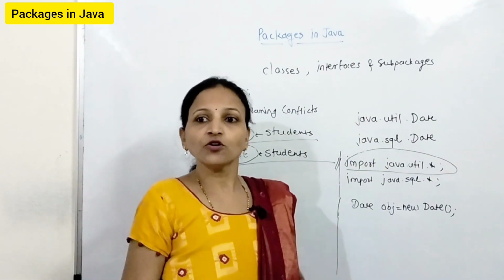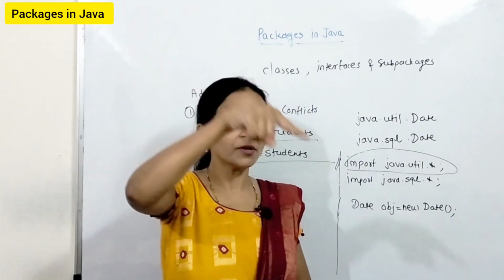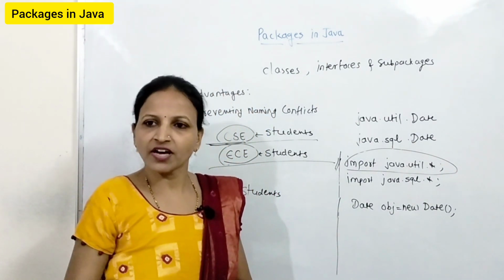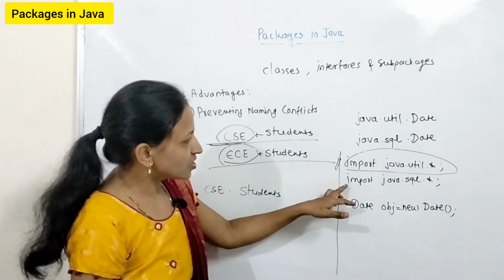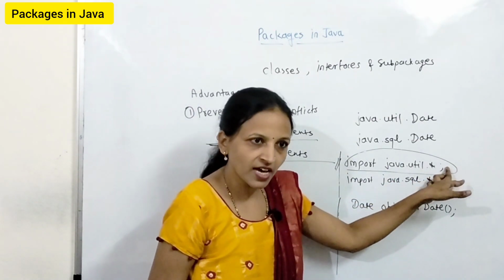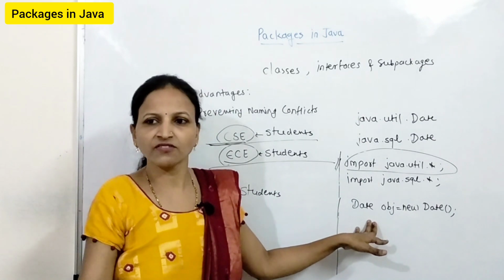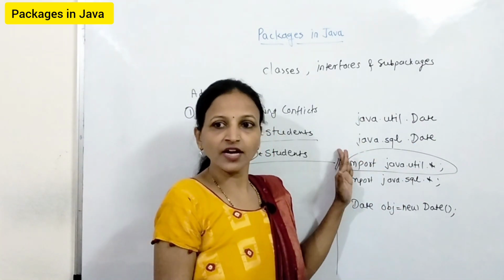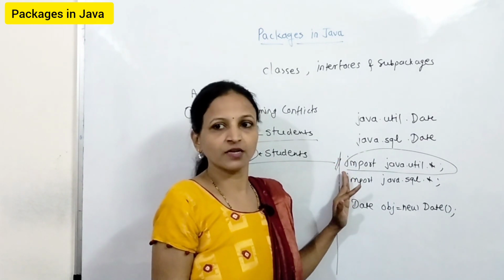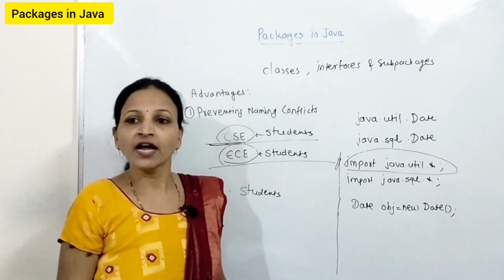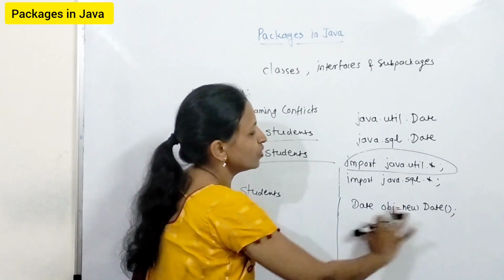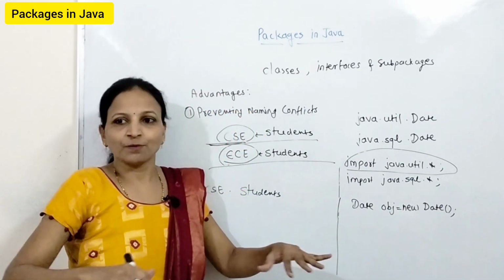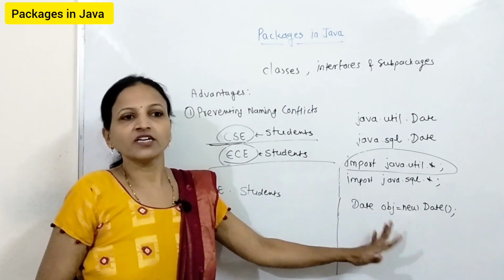Means if I want to use the date class from the util package, I can write simply java.util.date wherever I want, or I can just import java.util.* and then I can use date. Then the compiler will automatically understand that this one is from this. If we are using both these statements, then only there is a problem, and that we can resolve using the full name of that class. Full name means fully qualified name, that is package name dot class name.